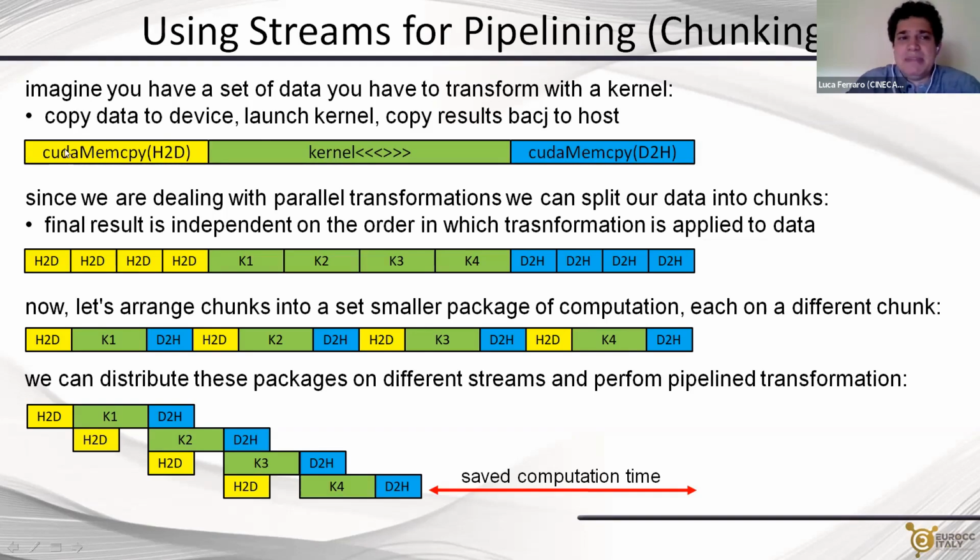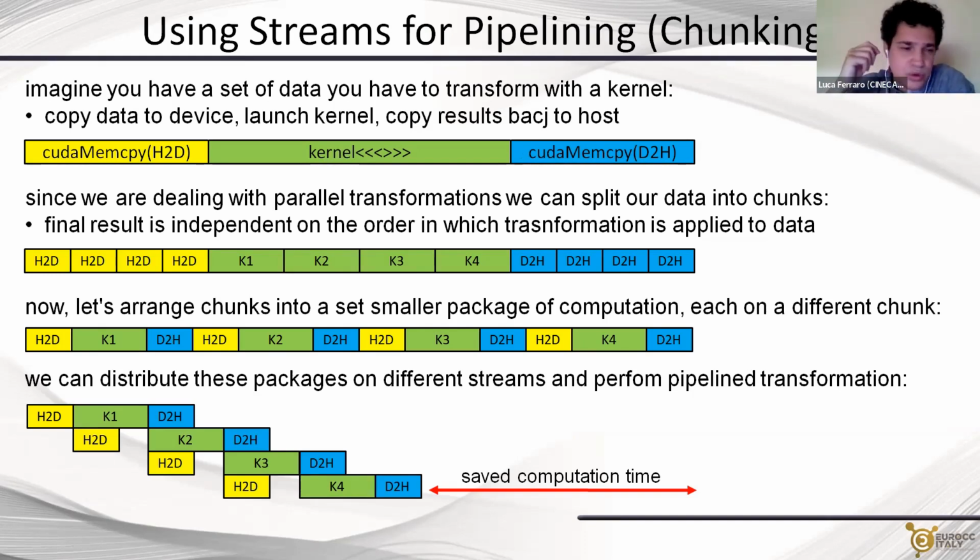It will take some time to move this bunch of data to the device side. Once this data is on the device, you can launch the kernel, because now the kernel can access the data in its global memory, and the kernel will take some time. After the transformation is completed, you can move this data back from the device side to the host side.